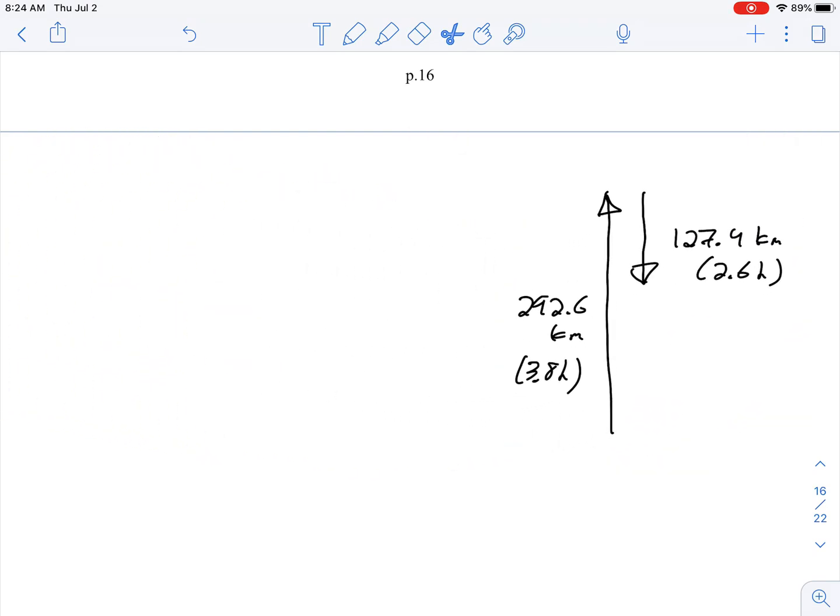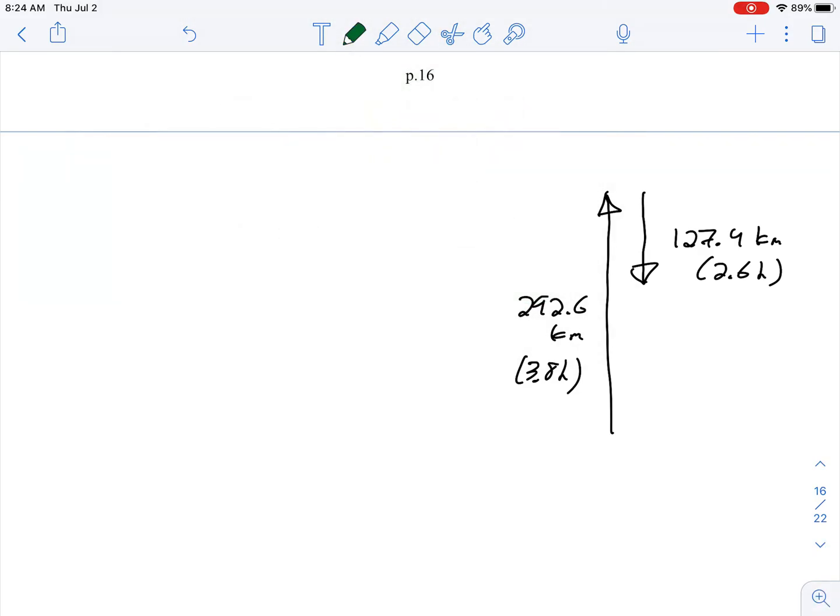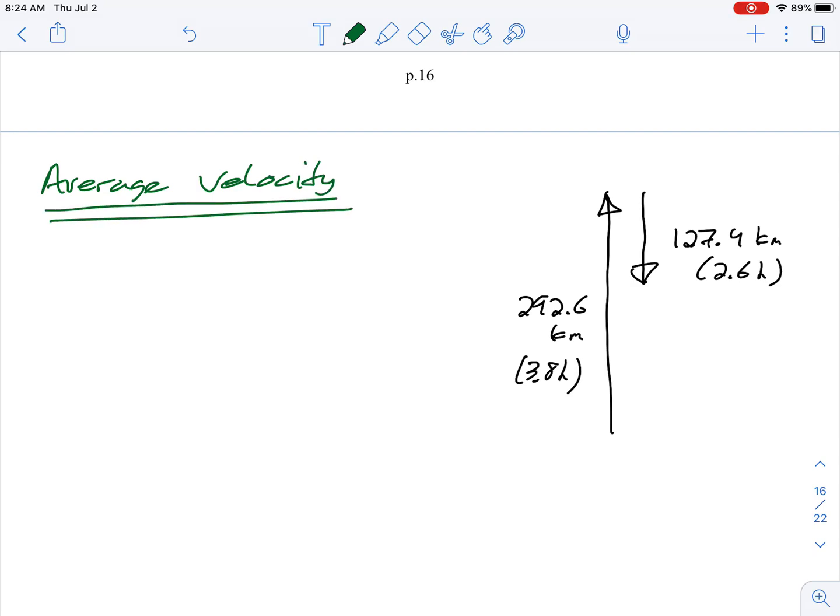Okay, now we're ready for the next stage. What we're going to look for now is the average velocity. And it turns out to find average velocity, the key here will be first of all figuring out what the overall displacement is, because we know the equation for velocity is displacement over time.